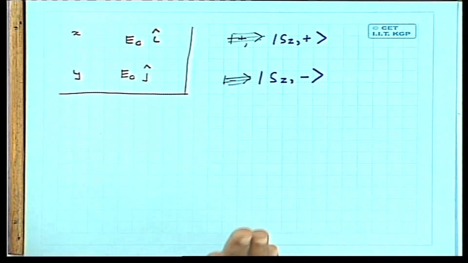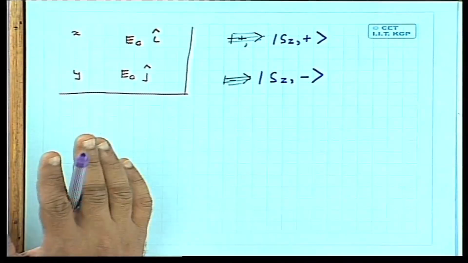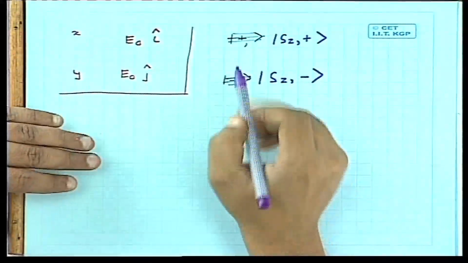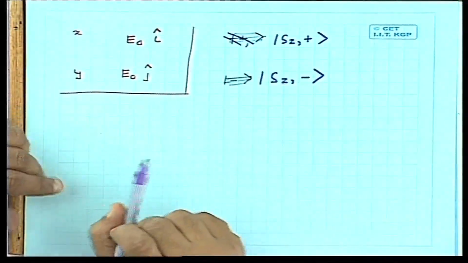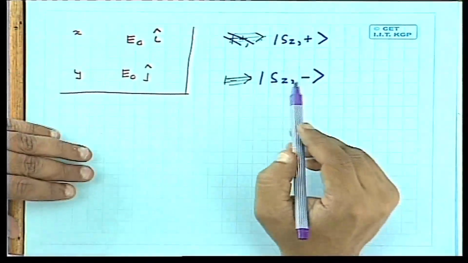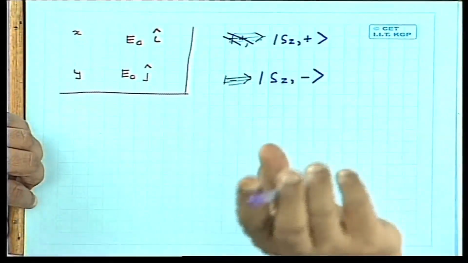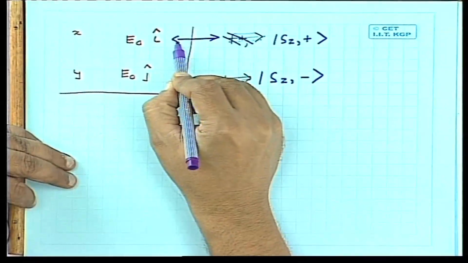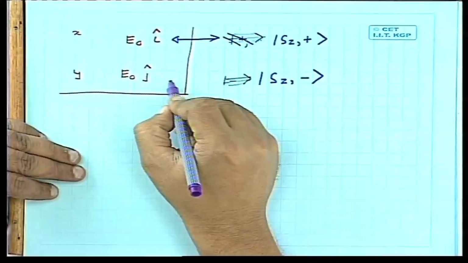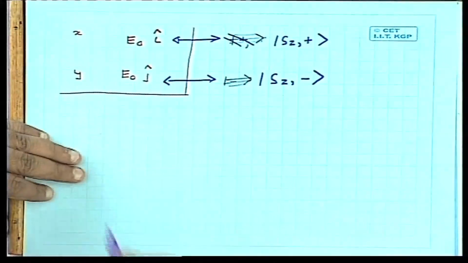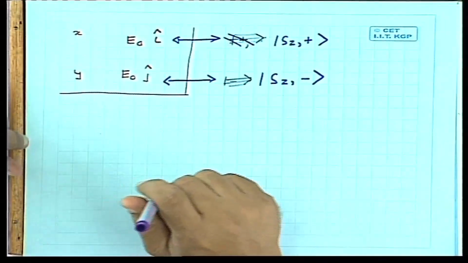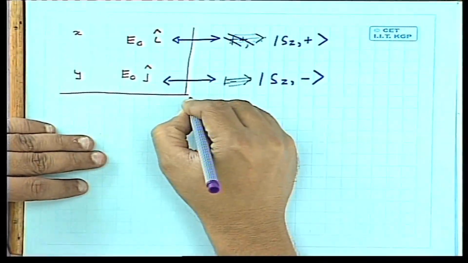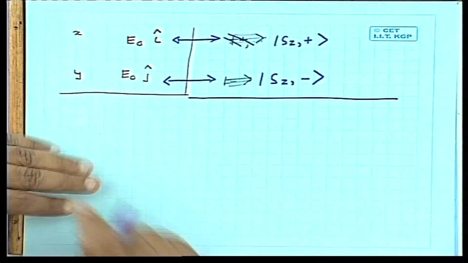And from the analogy between the polarization states and the spin states of the particle, I am claiming that the corresponding state for the spin of the electron is that when the spin is up along the z direction, these correspond to one another, and these correspond to one another when the spin is down along the z direction. So this is the first part of the analogy.